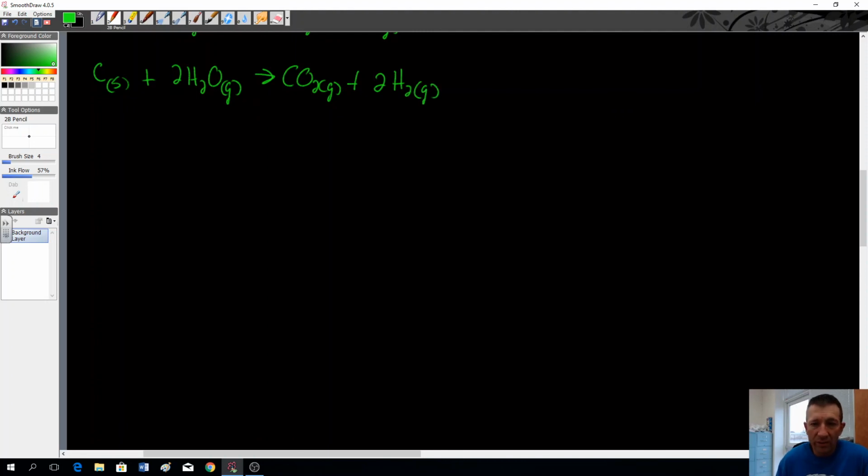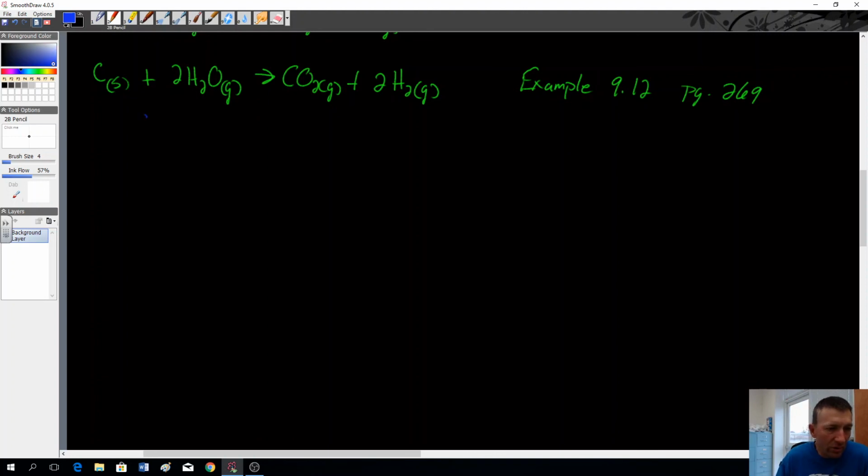This is example problem 9.12 on page 269 of our textbook. He gives us this equation right here. What we're trying to find out is the enthalpy change, or the delta H, for that equation. So we're going to have two different equations that it gives us.